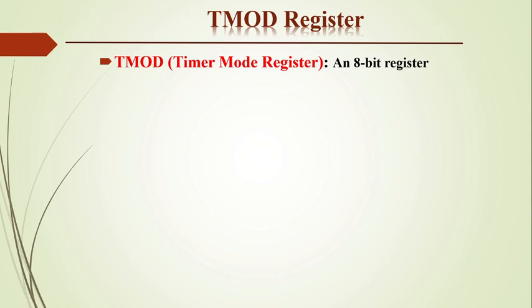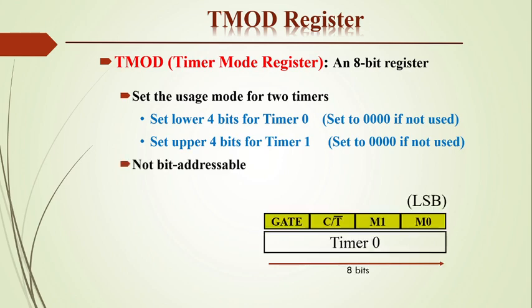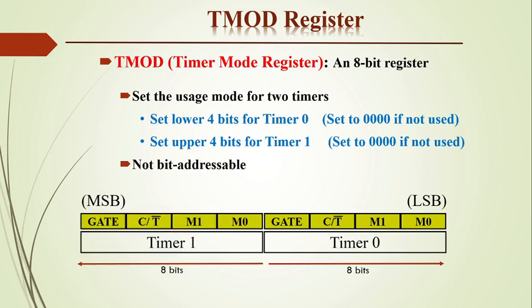So here is the TMOD register. We have studied this register in the 5th video. This register is used to select the mode, or to configure timer 0 and timer 1. The lower 4 bits of this register are used to configure timer 0, and the upper 4 bits are used to configure timer 1.